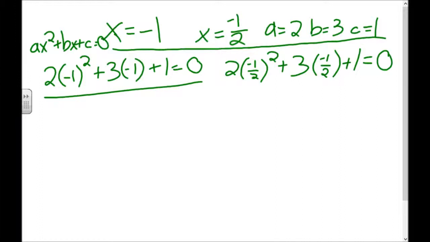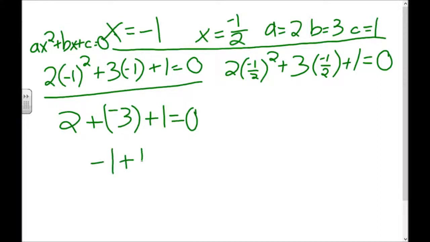So we'll do -1 to the power of 2, which is just 1, and 2 times 1 is 2. 3 times -1 is -3, and then bring down the 1 equals 0. Now 2 plus -3, -1, bring down everything else, and now 0 equals 0. So that's how you know that the equation works for x equals -1.